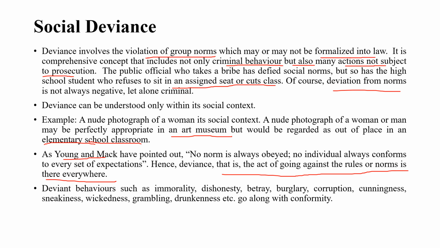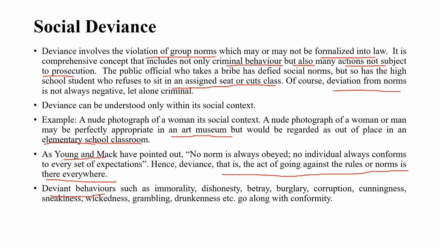There might be chances where they find rationality in not adhering to the normative system, and they will not conform to the set expectations. So going against the rules is a very evident and common phenomenon. It happens most of the time, almost on an everyday basis, in some contexts.